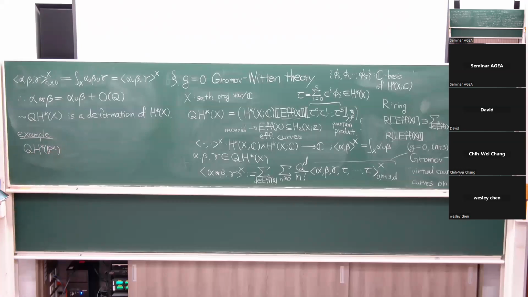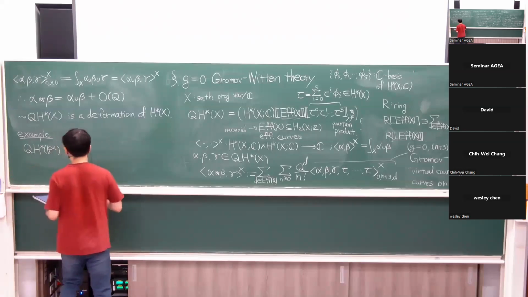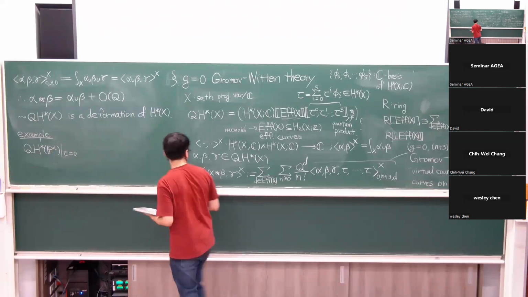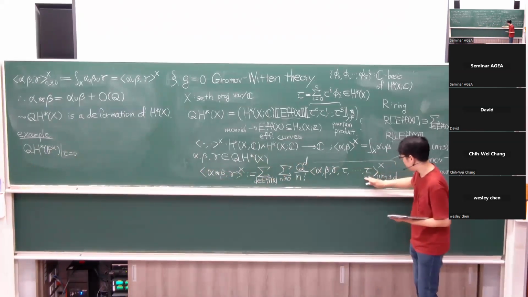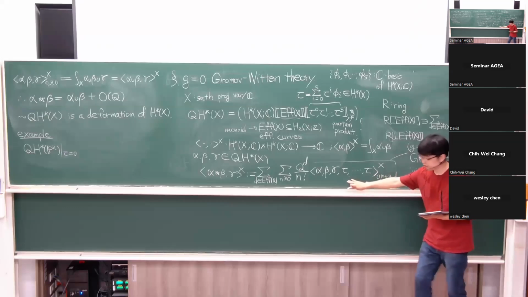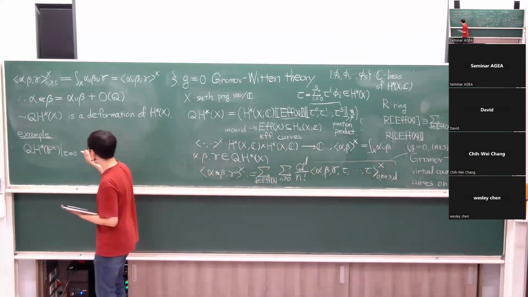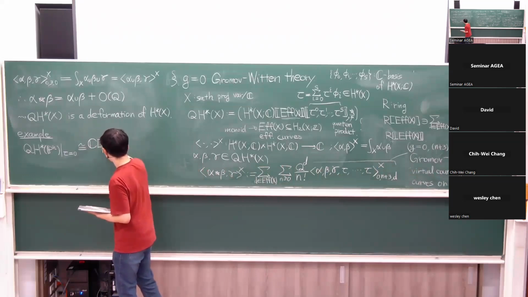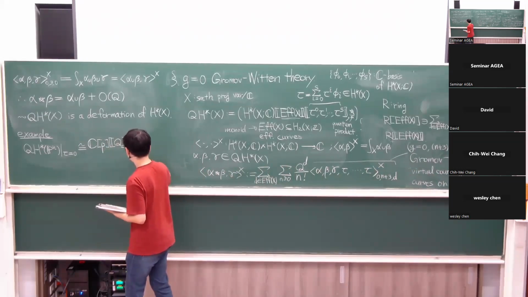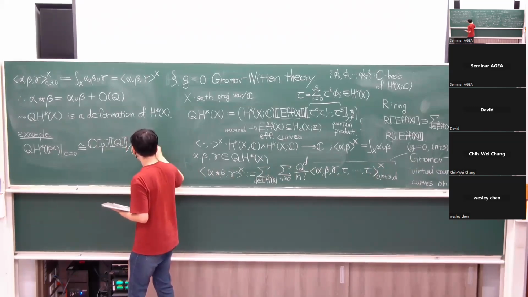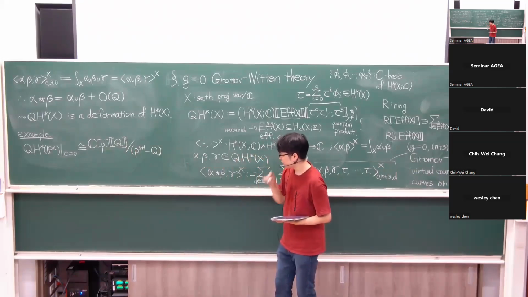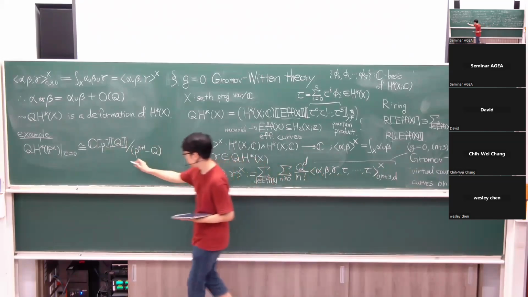And quantum cohomology of projective space is, if we set tau equals 0, so if we ignore these parts, then yeah, quantum cohomology can be written explicitly.